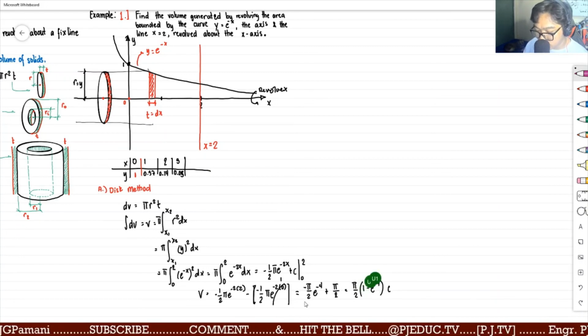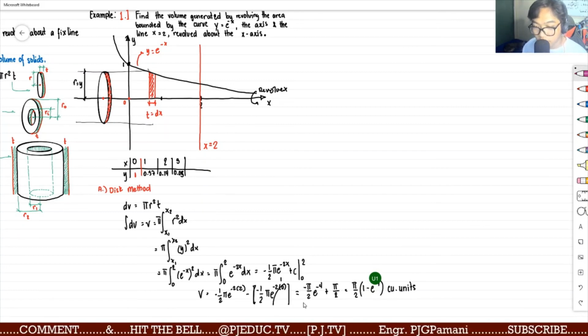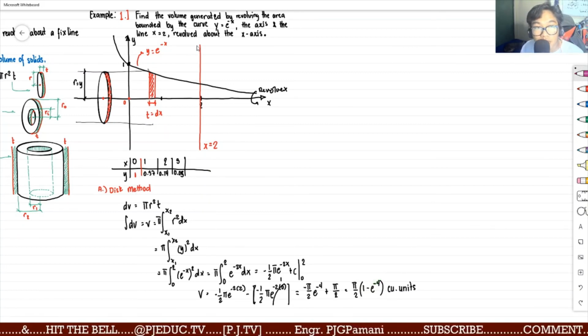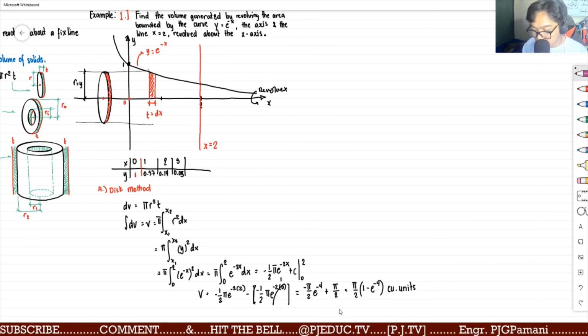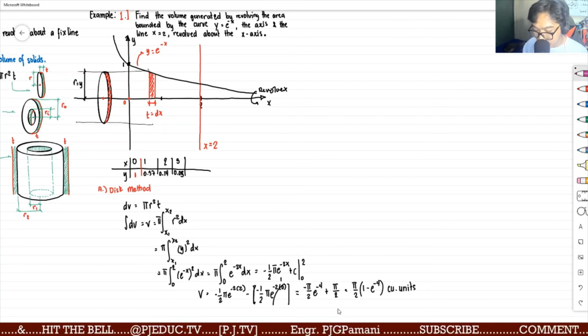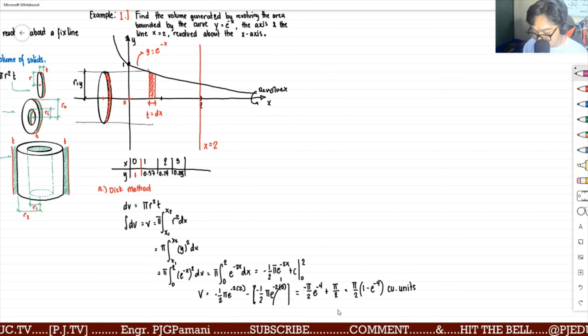Anong unit natin? Cubic units. So the volume at which this exponential curve revolves at the x-axis starting from 0 to x equal to 2 using this method should be now equal to pi over 2 times 1 minus e raised to negative 4 cubic units.